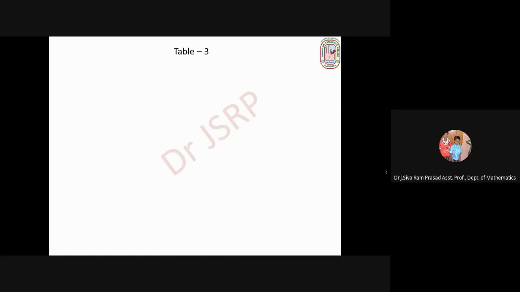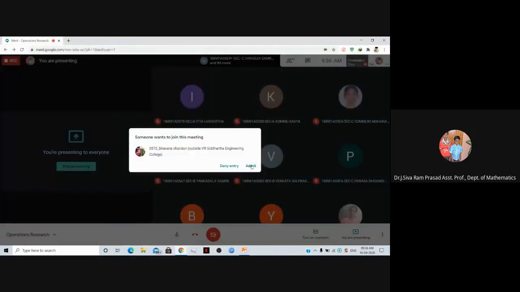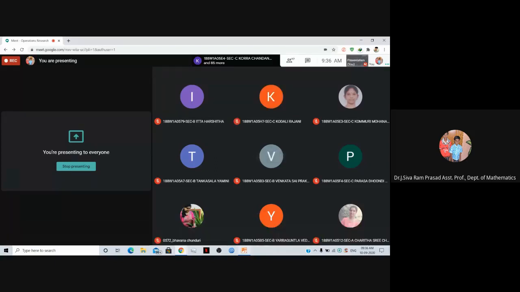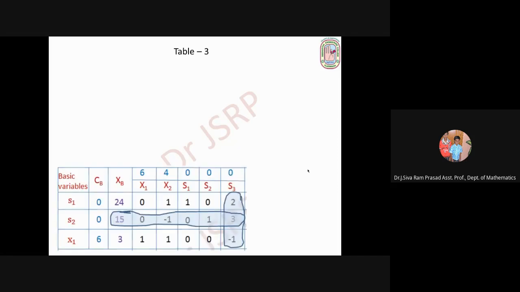In the previous class, we have done that problem up to table 2. So this is table 2.